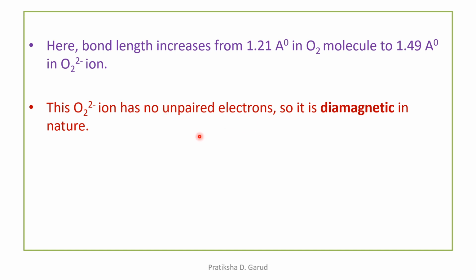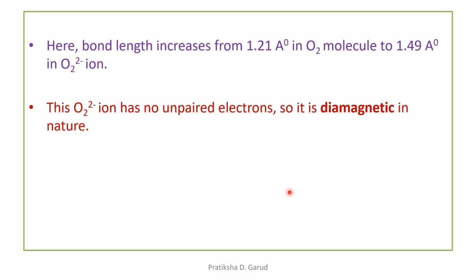The last entering electrons in the antibonding MO, they are paired, right? So we can say that it is diamagnetic in nature, right? So this is regarding the number of unpaired electrons in the various species of the oxygen. And based upon this, we have to find out the diamagnetic and the paramagnetic behavior.